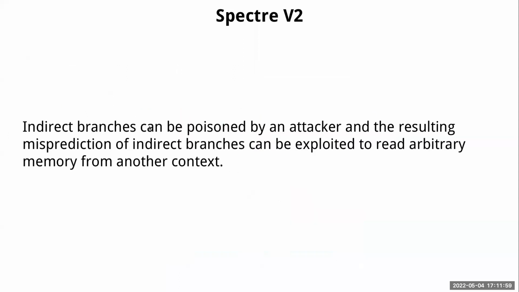The second type of Spectre is not about direct jumps or direct calls. Instead, we're talking about indirect branches, for example, a call EAX. Statically, if we analyze a program and see call EAX, a register, we don't really know the value of the register, so it sounds like there's nothing we can optimize.